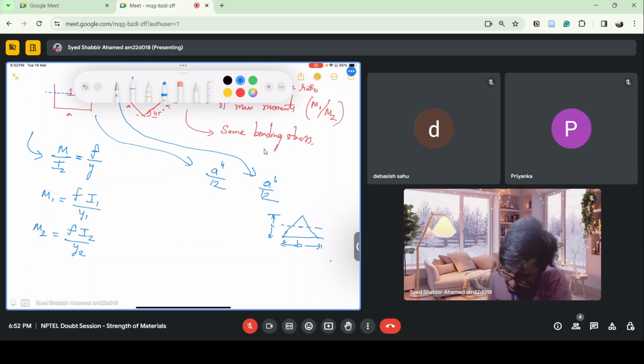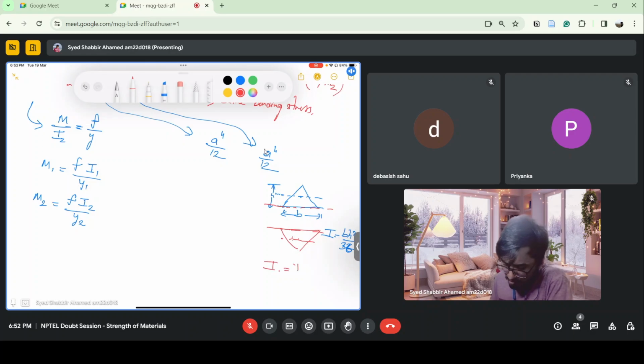About this axis, the centroidal axis, it is BH cube by 36. So we have to shift this, we have to get the moment of inertia about this axis. And similarly, there is the bottom section, from here we have to shift this. You can do this using the parallel axis theorem.